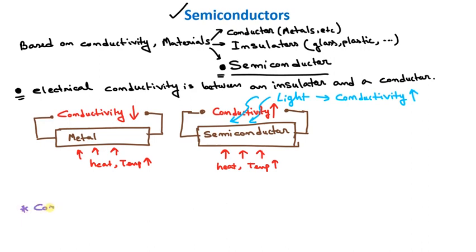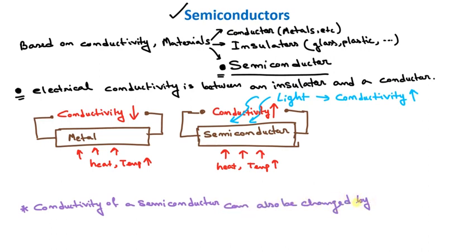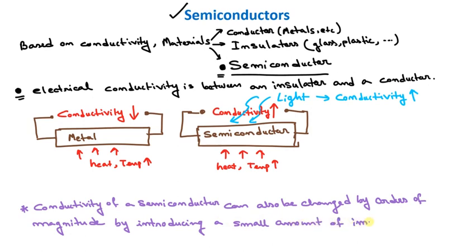Most importantly, the conductivity of a semiconductor can be altered or changed. Change here basically means increase, by orders of magnitude. Think about it, orders of magnitude. That means 10 to the power 3, 10 to the power 4 times. This much variation you can do by introducing a small amount of impurity in the semiconductor.